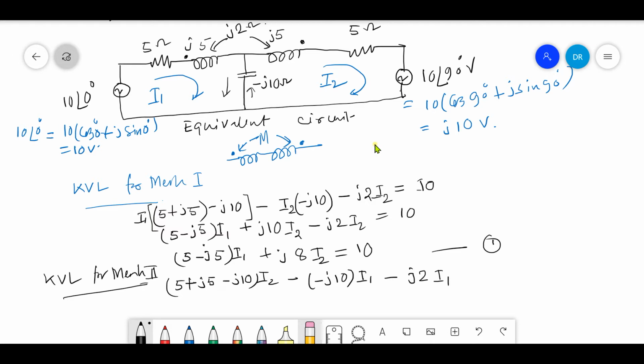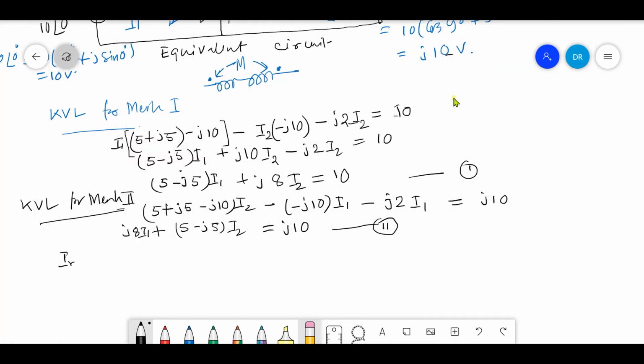So this is minus minus plus, so this j10 will be plus. So this is j10.